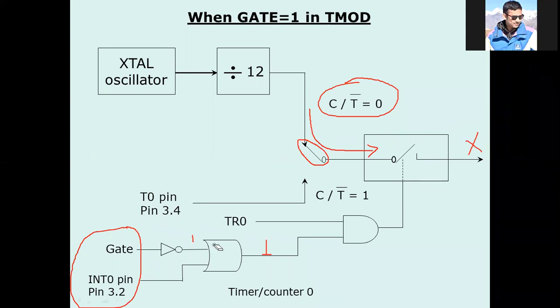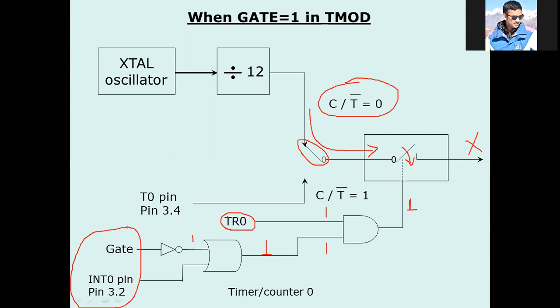So this output should be 1. Our objective is like this. Unless this output is 1, this switch will not be closed. When will it be 1? When both are 1. Here TR0 is nothing but the timer run control bit of timer 0.